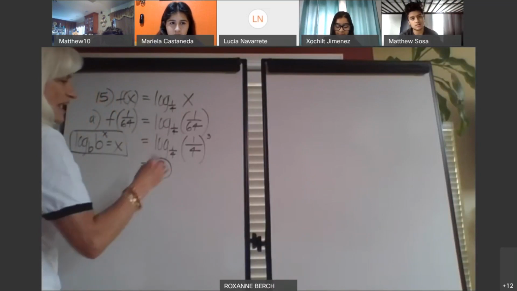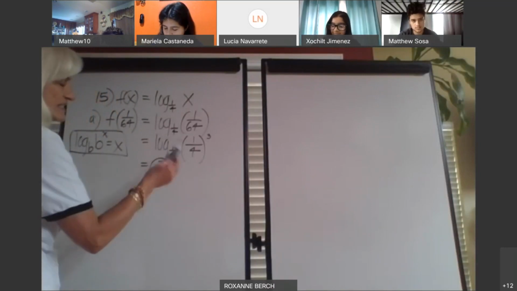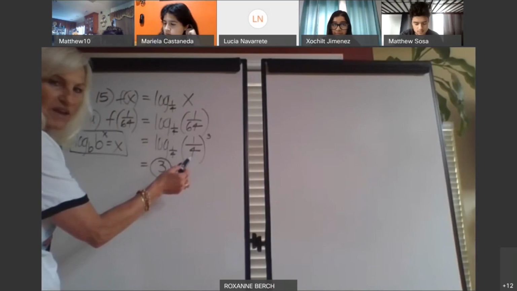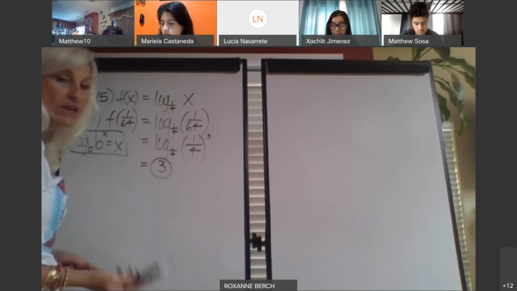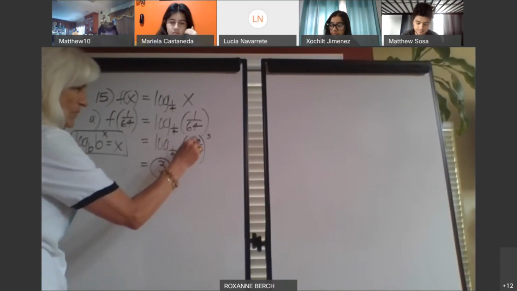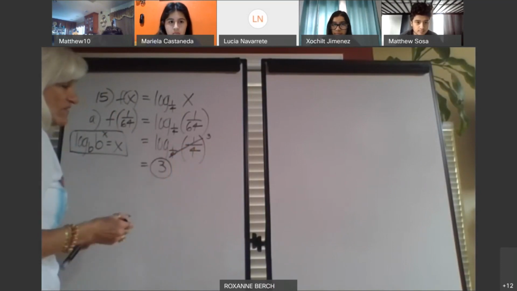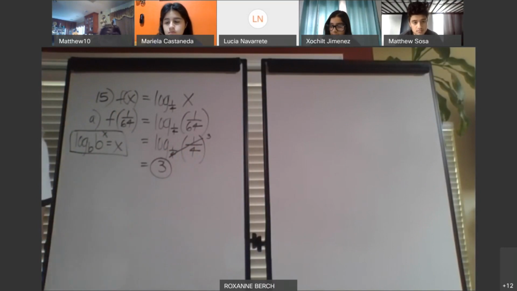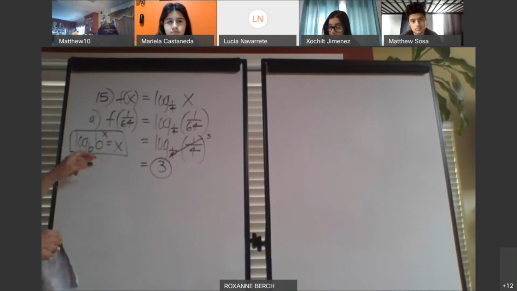They undo each other. The base of the logarithm and the base of the exponent are inverses and cancel each other out. I really don't like when people think of it this way, but you can think of it like that. This is an inverse property.